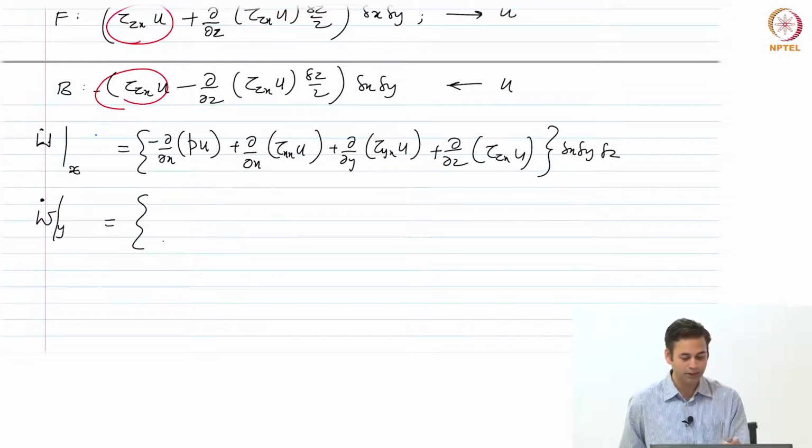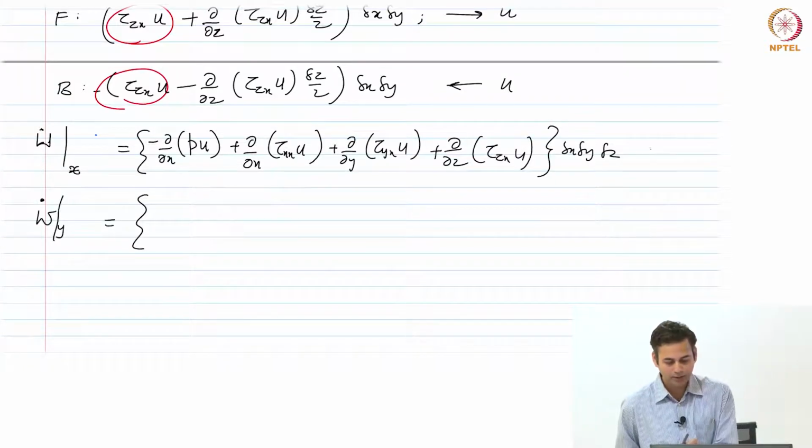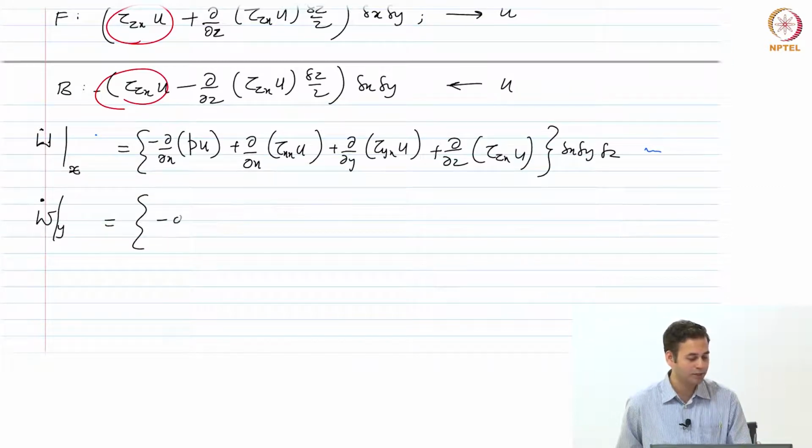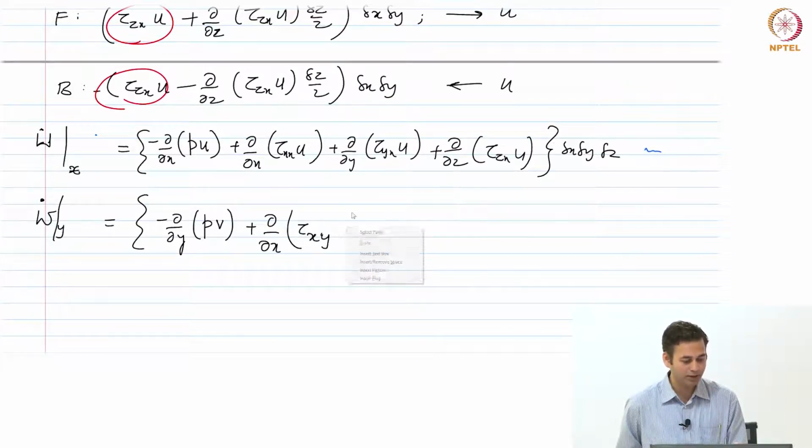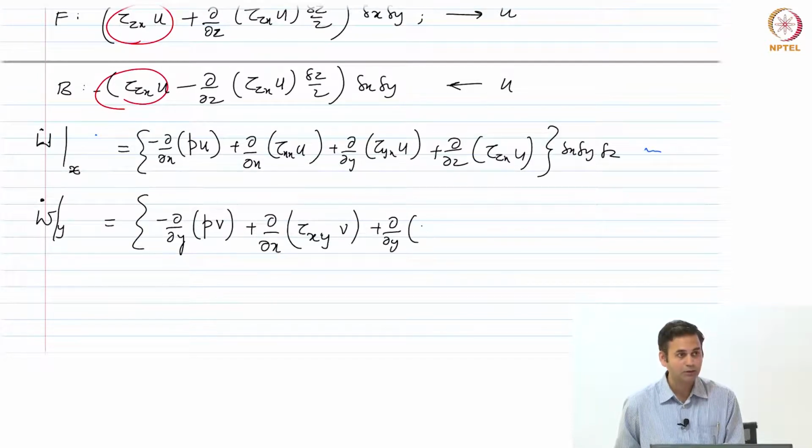By analogy, by looking at the first equation, we can write this would come out to be minus partial y p times v, plus partial x tau xy multiplied with v, plus partial y tau yy times v, plus partial z tau zy times v.